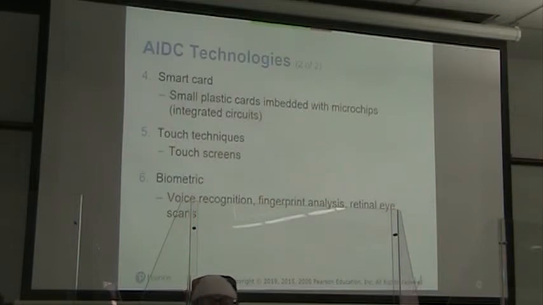We do have some touch techniques, such as touch screens, and those are becoming more and more available and popular. And we can have biometric technology, where we have instant voice recognition, fingerprint analysis, or retinal eye scans.